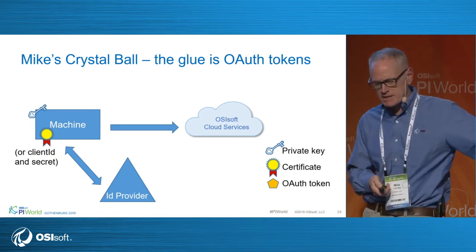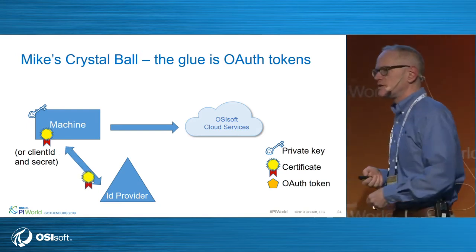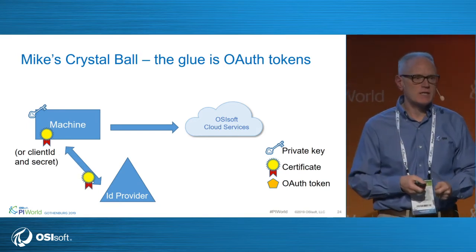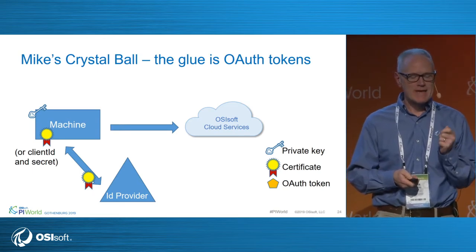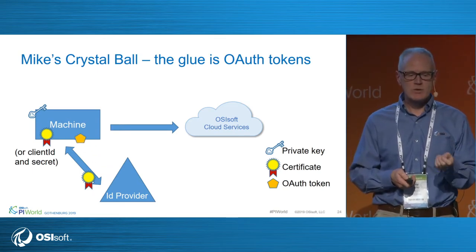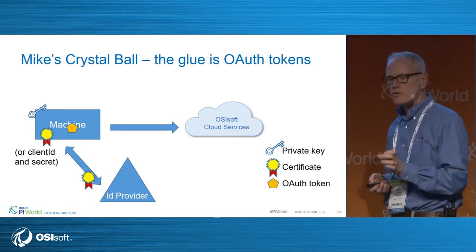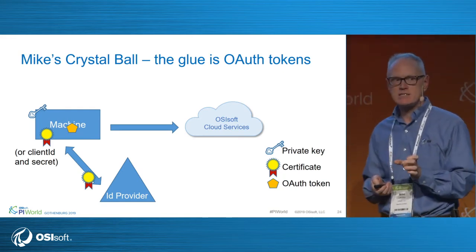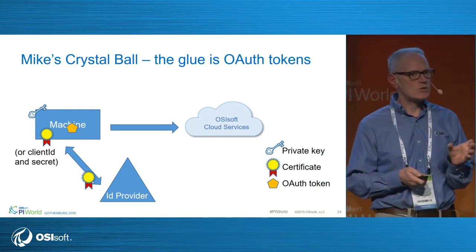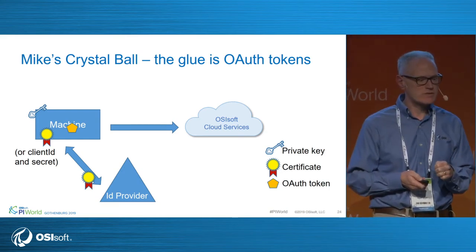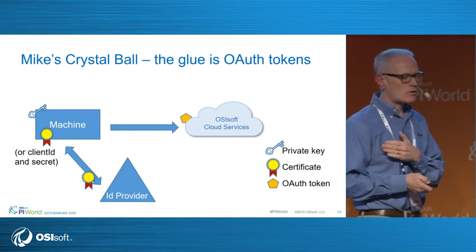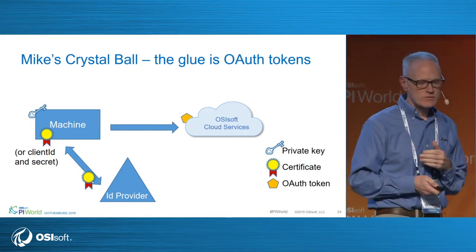So in certificate-based authentication, that public certificate is going to be sent down to the identity provider, and it's going to verify the identity of that machine, and then it'll send back an OAuth token. And that OAuth token contains all the authorization information necessary for that machine to access and execute OCS services. So that token can then be sent on to OCS, and those services are executed.